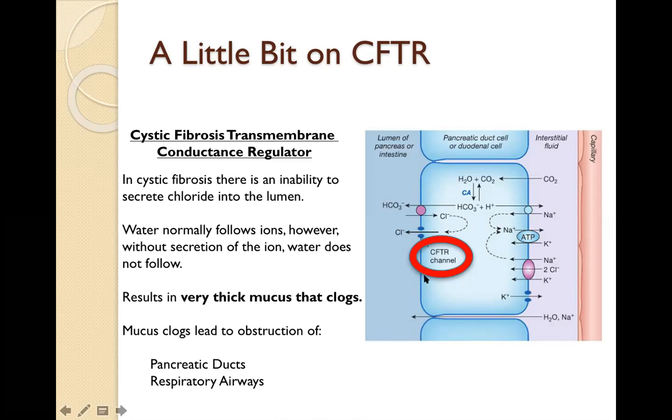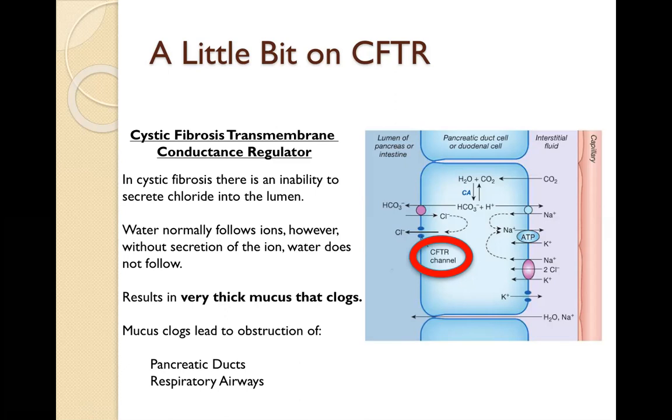It occurs in places like the small airways of the lungs. You have this channel there as well. And so if you don't have the ability to put chloride out, water can't follow, and you can't keep all your secretions very fluid. They become very thick. It clogs ducts. It doesn't allow things to flow.